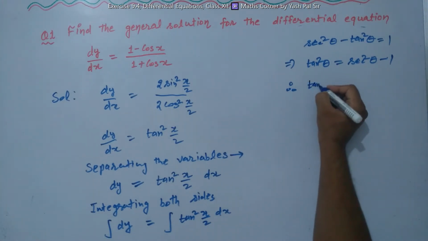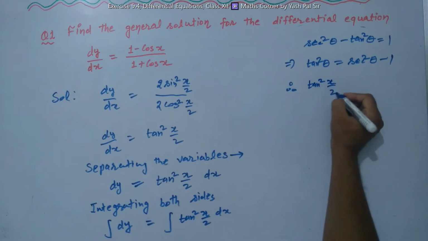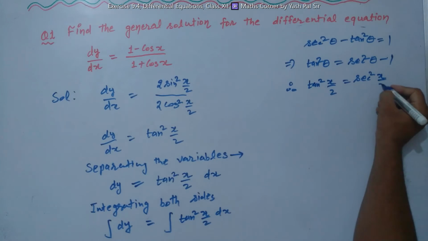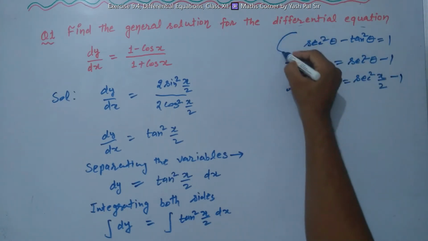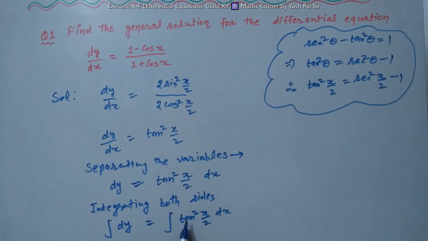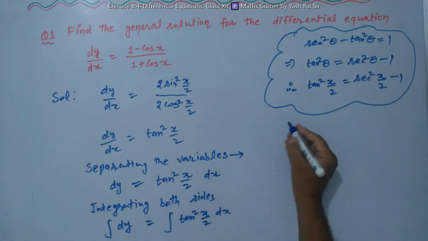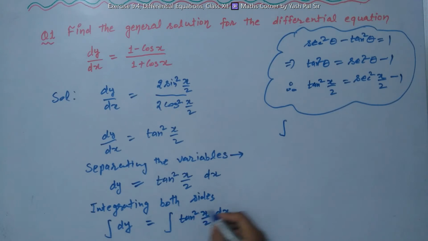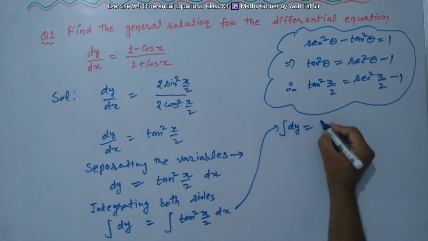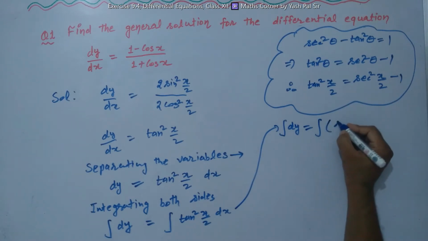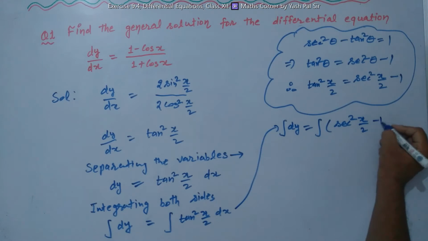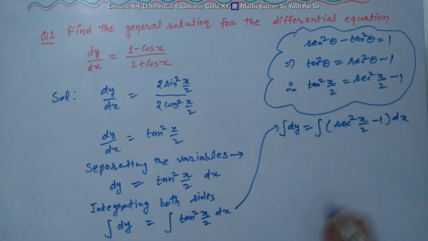So tangent square of x upon 2 is equal to secant square of x upon 2 minus 1. So this is what we are going to substitute in the right hand side. So this becomes integration of dy is equal to integration of secant square of x upon 2 minus 1 dx.